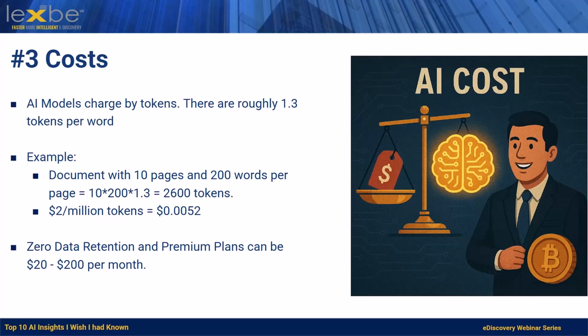But remember when we talked under item 1 about zero retention and the premium plans, you'll often see those ranging from $20 to $200 per month. So that tends to be the cost, not so much the per question or per Q&A, but more the monthly subscription to make sure you have a plan that doesn't share any of the client data with the AI.